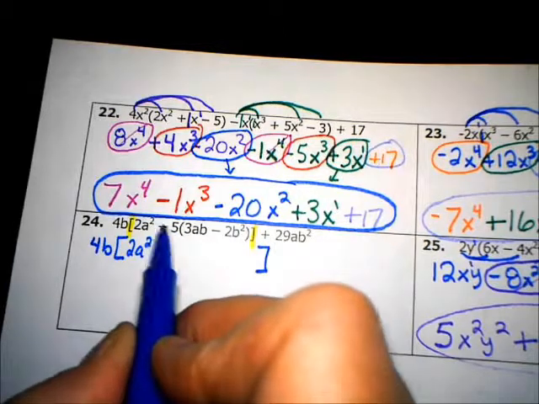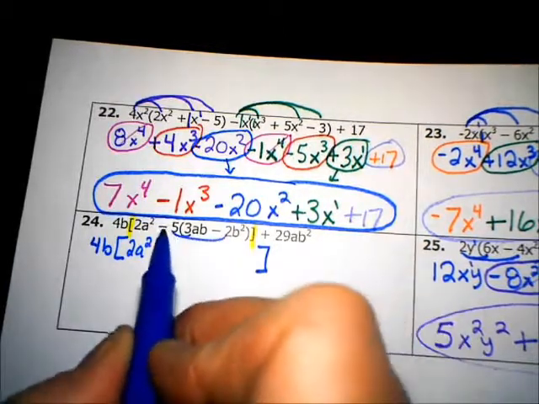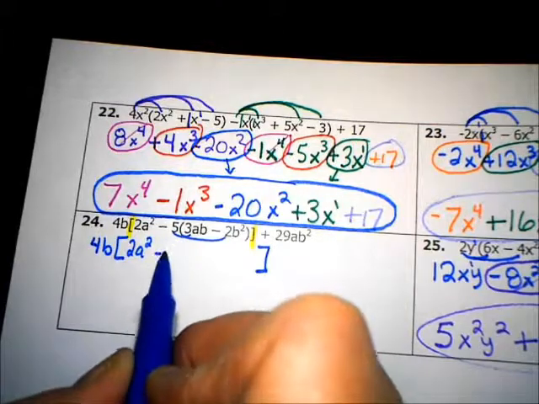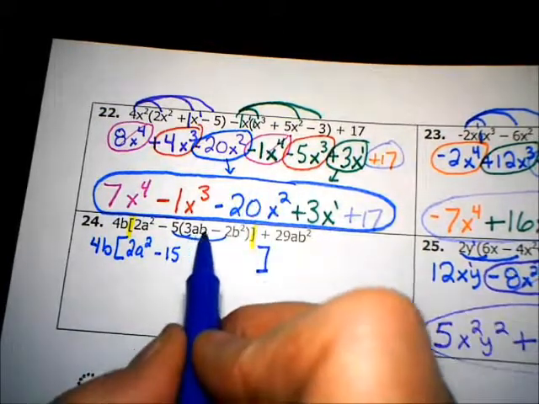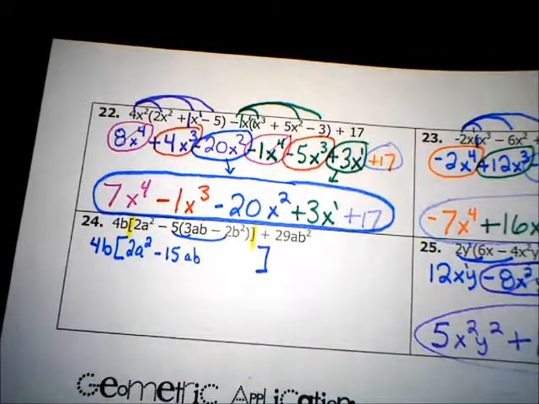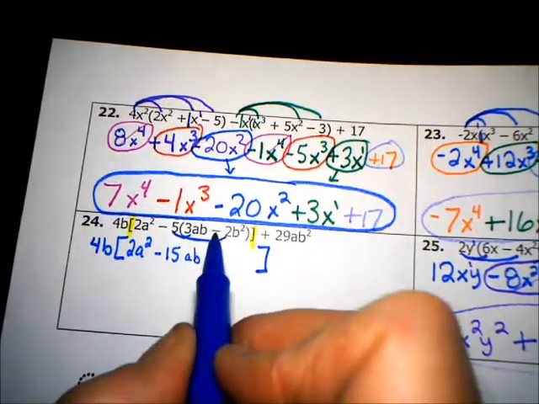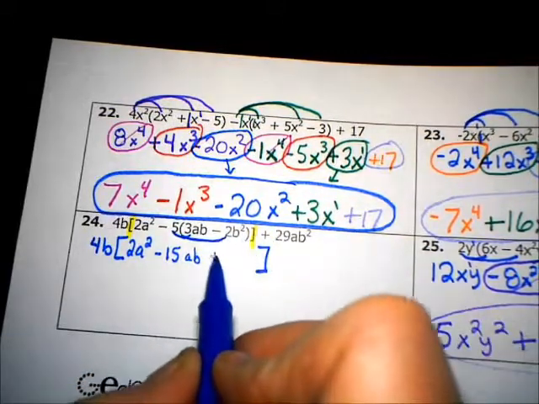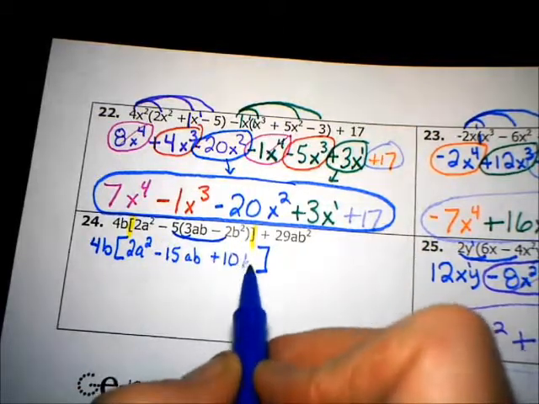So I have to multiply negative 5 times each term here. So negative 5 times 3 becomes negative 15. I'm sorry, 15. And then the a and the b are just brought down because there's nothing on the outside. And I have to do that times the next term. Negative 5 times negative 2 is a positive 10. And then there's nothing here, so I just bring the b squared down.